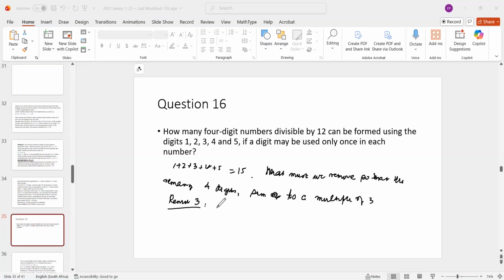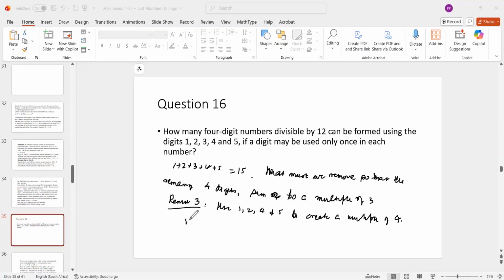So the digits that we are looking at, you have to use 1, 2, 4, and 5, and already this is a multiple of 3. Now to create a multiple of 4, how do you get a multiple of 4?